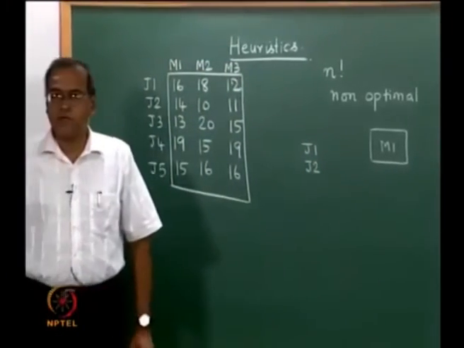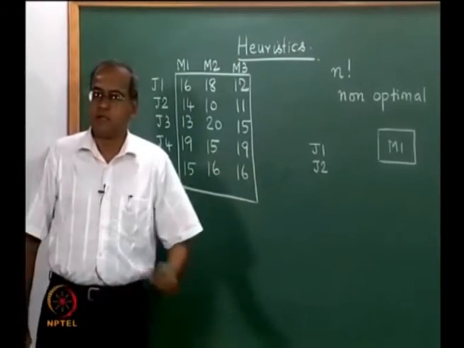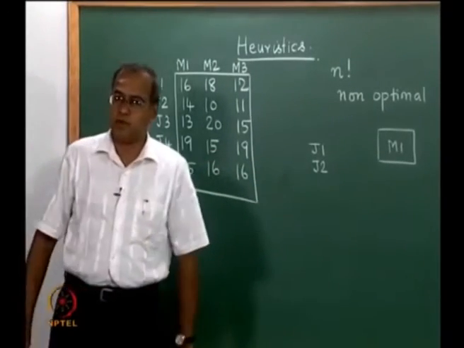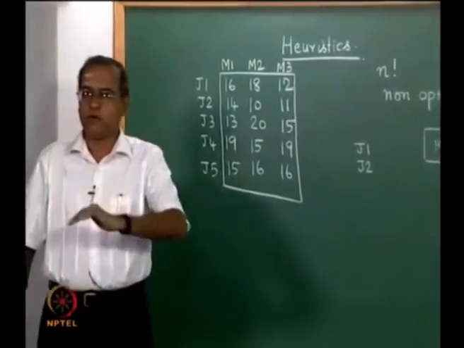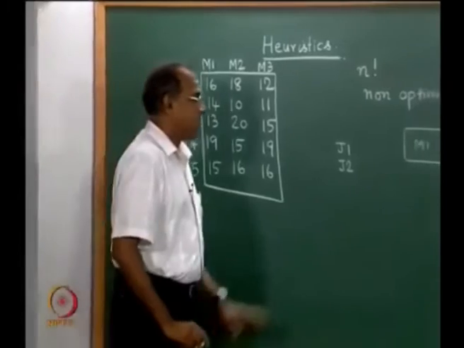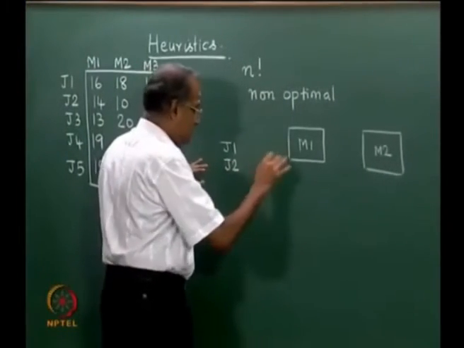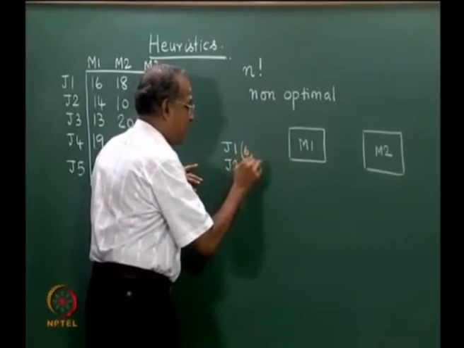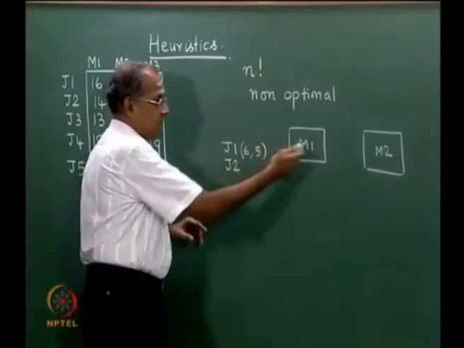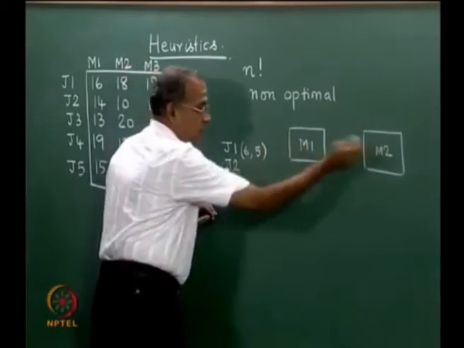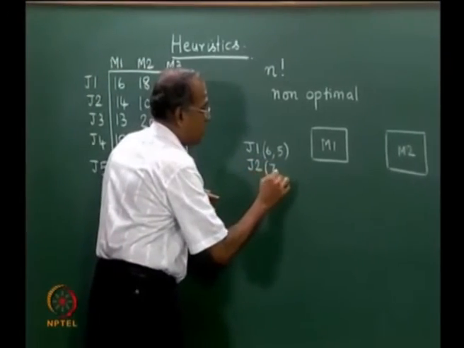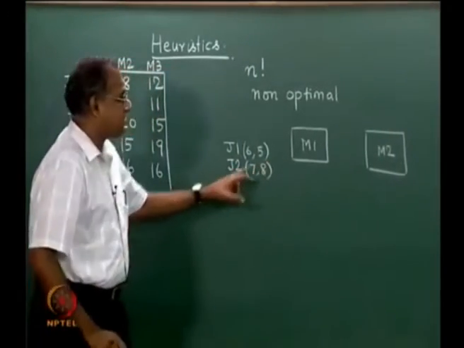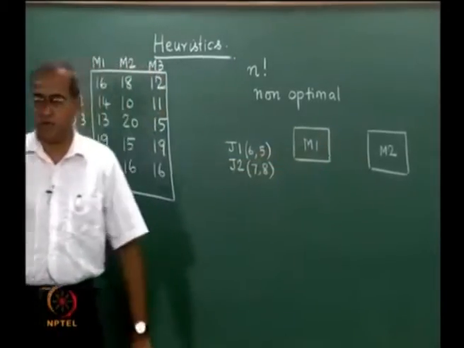Since there are 2 jobs, there are 2 sequences possible: J1 followed by J2, and J2 followed by J1. Let us assume the processing times for J1 are 6 and 5, which means 6 on M1 and 5 on M2, and the processing times for J2 are 7 and 8, 7 on M1 and 8 on M2.